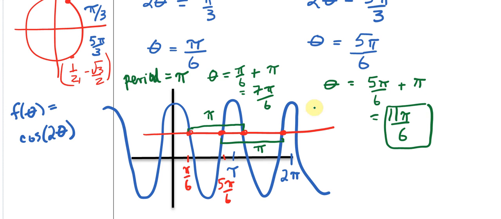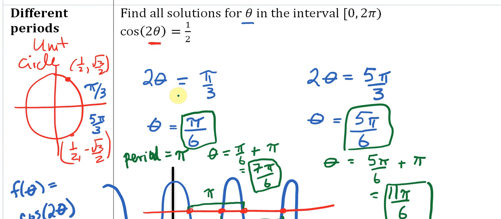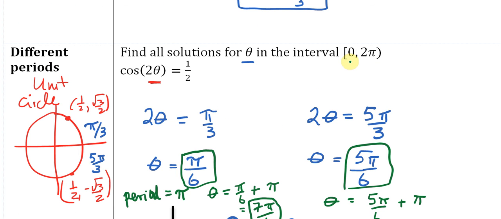So we have 4 solutions to this problem: 7 pi over 6, 11 pi over 6, 5 pi over 6, and pi over 6. To recap, because the period is different, because you have a horizontal shrink to 1/2 of its original size, the waves are going to repeat more often. So you're going to have twice as many solutions as you did before in the interval of 0 to 2 pi.